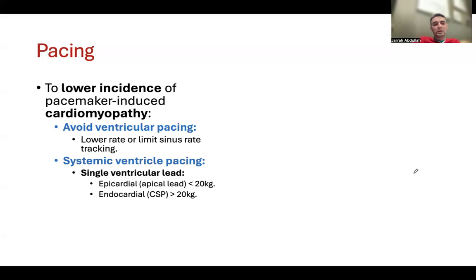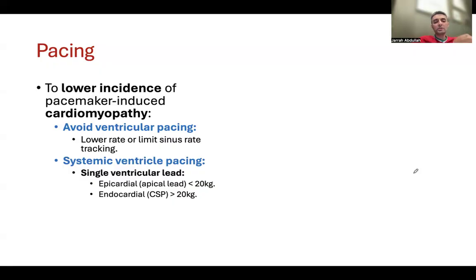Otherwise, you want to try to implant the lead in a different spot that is more physiologic. So with epicardial placement, the apex of the systemic ventricle is usually a good location to engage the systemic His-Purkinje system.